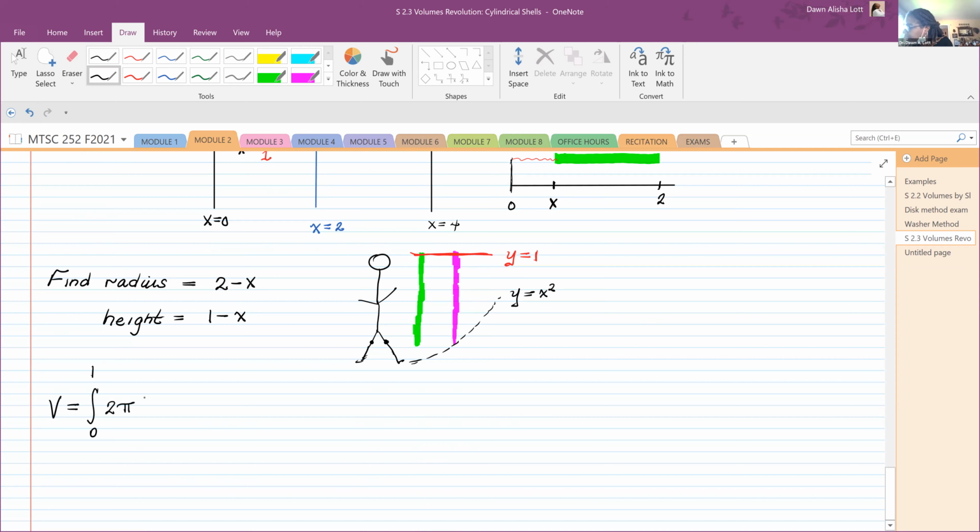We found the radius, 2 minus x, and the height, 1 minus x squared, dx.